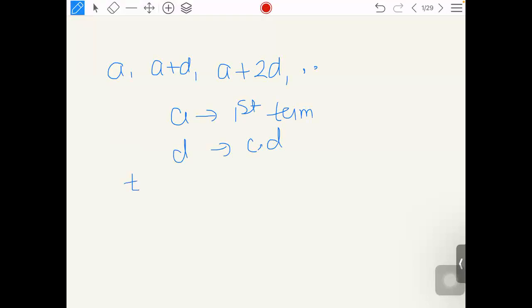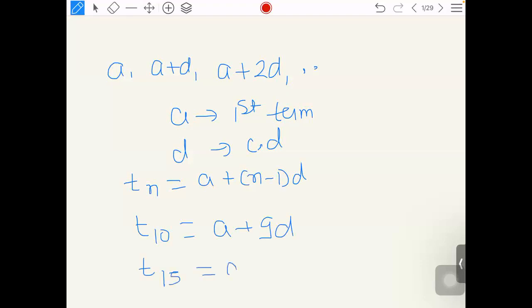So nth term of this is given by a plus n minus 1 into d. If I ask you what is the 10th term, you can say the 10th term is a plus 9d. If I ask you what is the 15th term, you can say it is a plus 14d, and so on.